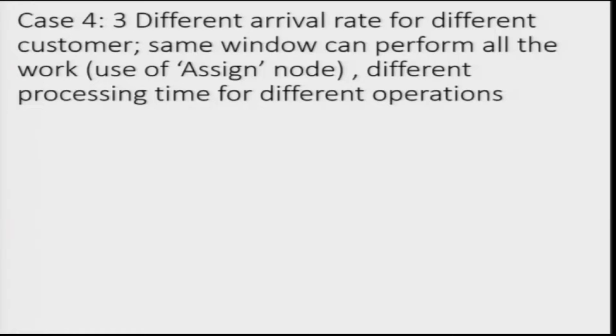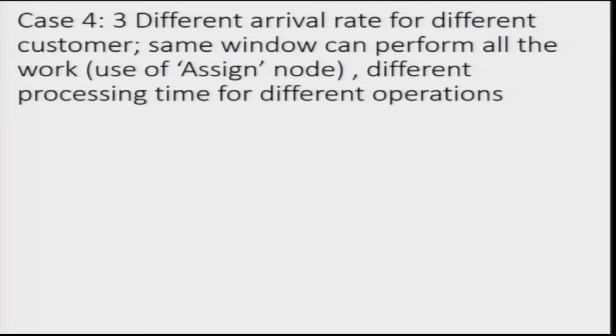You have to bear different times for different kinds of processes. So now we will discuss how we will make the processing time different for different customers, while getting the process done in the same window.